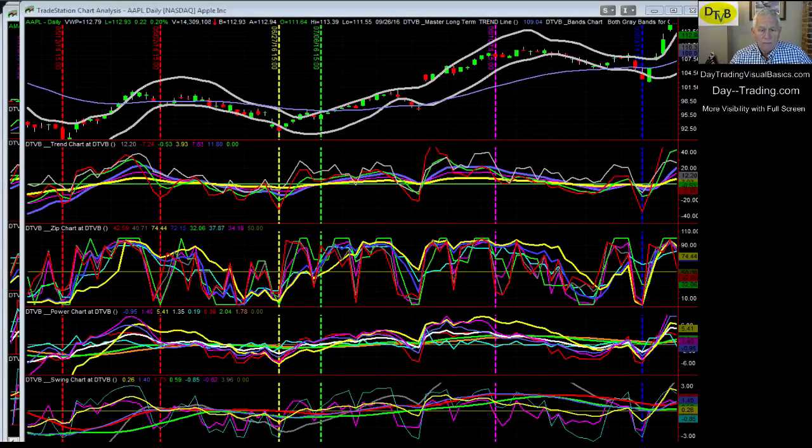I basically want you to think of your master trend line up here in the blue on the candle chart, and I removed everything else except for the gray channel bands. I want you to identify the master long-term trend line, but also where the short-term trend line groups and the fast trend line groups are.